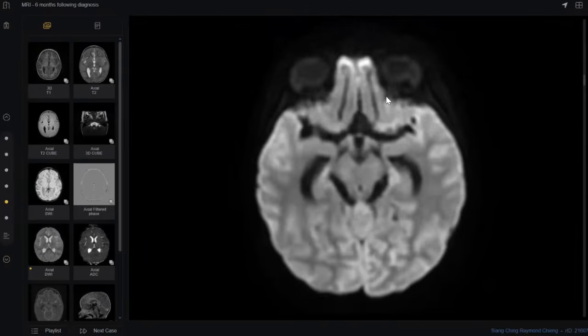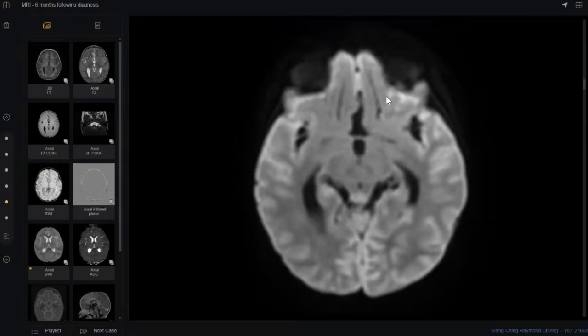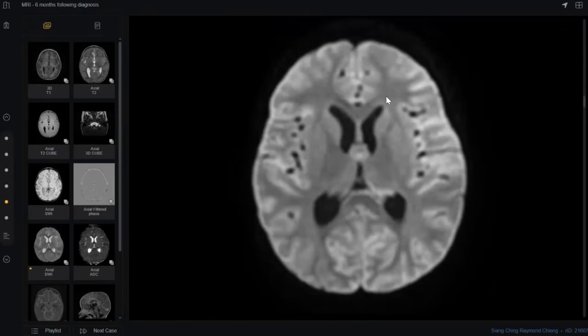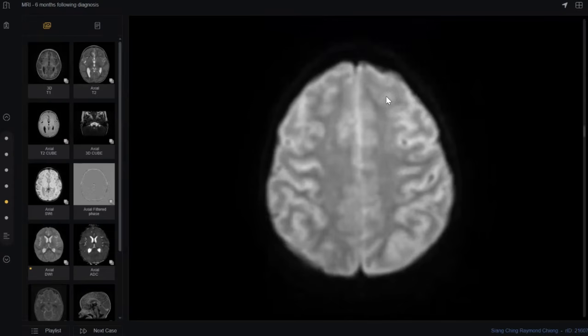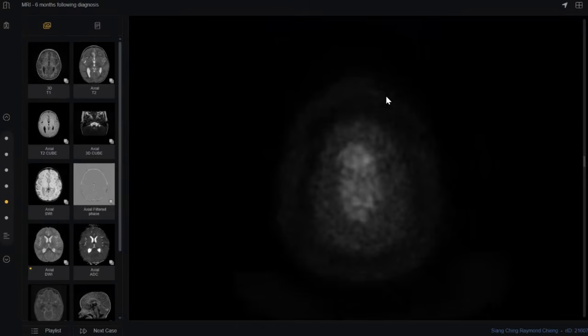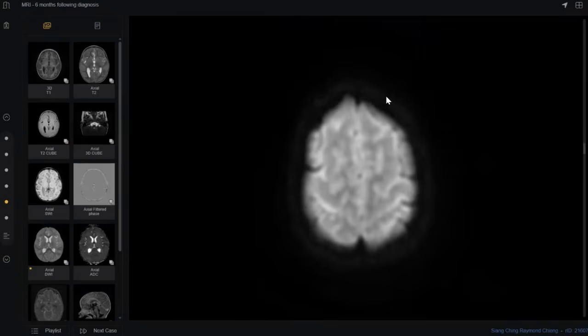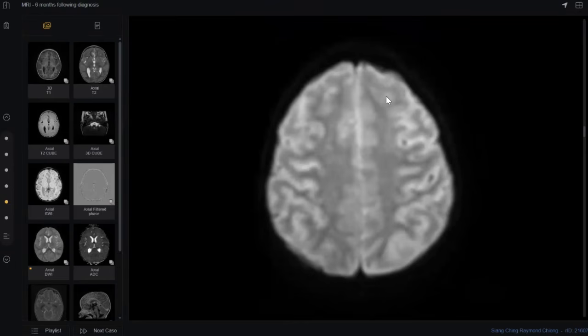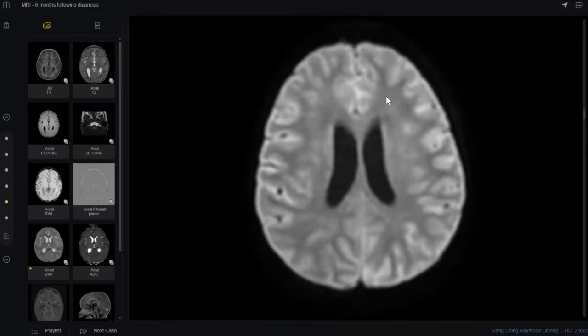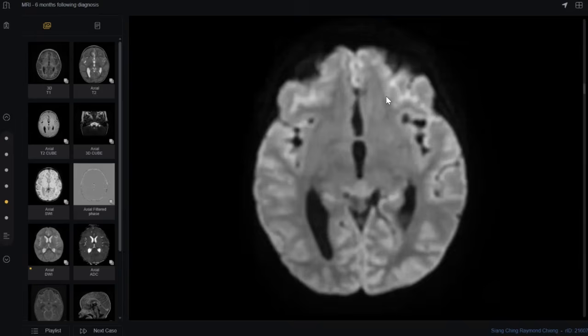Are you sure? When the examiner gives you a sequence, it must have some finding, especially in MRI. Bilateral cortical increased areas of restricted diffusion.